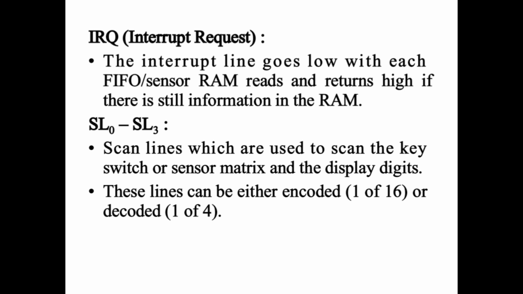A low signal on this input enables the communication between the 8279 and the microprocessor. IRQ, the interrupt request: the interrupt line goes low with each FIFO sensor RAM read and returns high if there is still information in the RAM. SL0 to SL3 are scan lines, which are used to scan the key, switch, or sensor matrix and display digits.